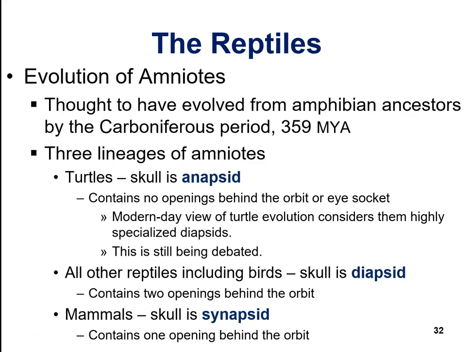If you talk about the evolution of amniotes, one of the characteristics that has been used to decipher their ancestral lineage is the type of skull and how many openings are in the skull. This is where these terms come from: anapsid, diapsid, and synapsid, right?